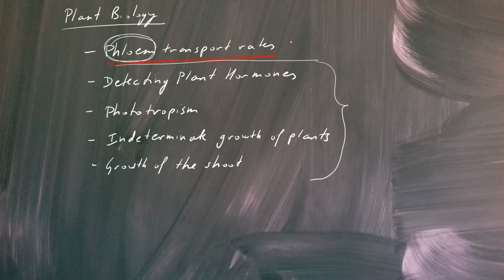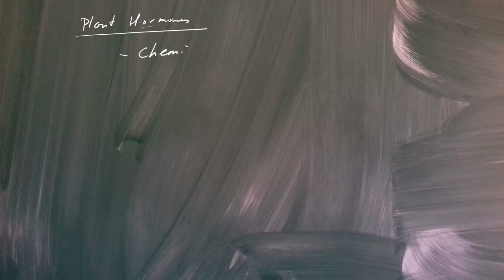Okay, so we finished this first thing here. The next one is detecting plant hormones. There is not really a lot to say here. A short introduction: these are of course chemicals. No kidding, you didn't believe that plants can also have hormones.